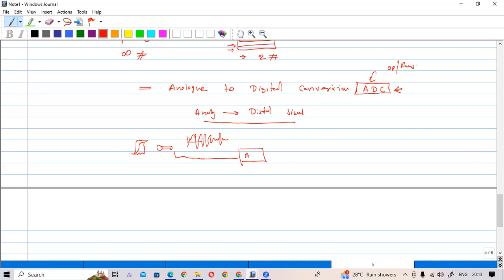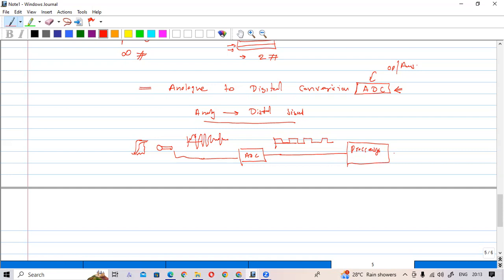So you have to use the analog to digital converter. Then you will have a digital signal which has only two levels like this. Then you can process it. You can amplify it, filter it, send it, or store it. You are doing the processing.